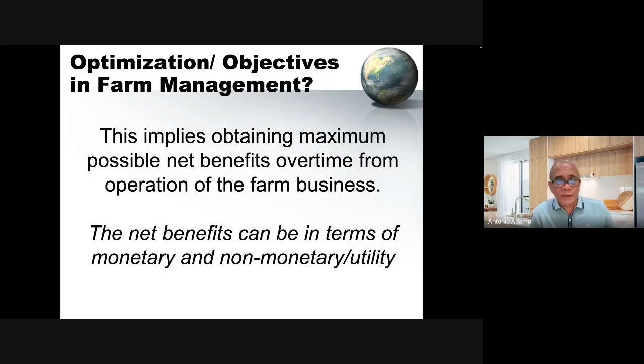Now, objectives in farm management is actually implying obtaining maximum possible net benefit over time from operation of the farm business. In other words, if you are managing an agricultural production plant or farm management, the objective is optimizing or obtaining maximum possible net benefit over time from operation of the farm business.